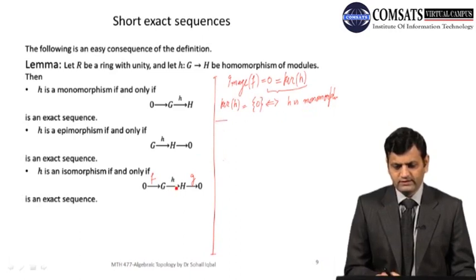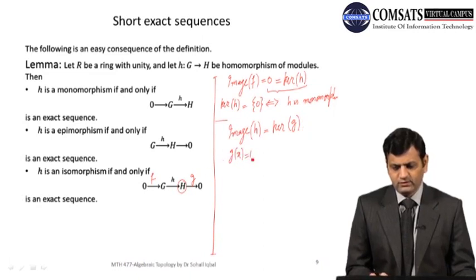Now let's consider the node H. In this case, the image of h should be equal to the kernel of G. Once again, how do we define this G?